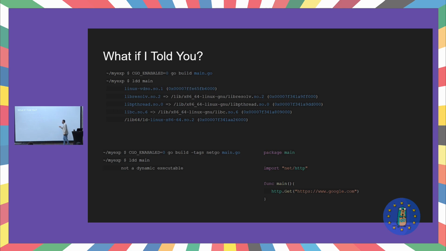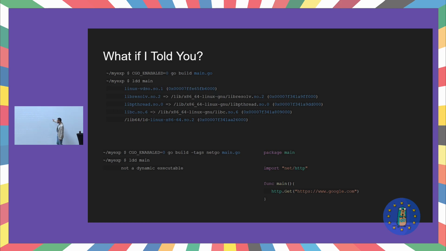What's going on there? Because I didn't specify for the Go compiler that I want the pure Go implementation of the DNS resolution of the net package, it will still have the CGO fallback calls, which means it still needs to make those calls through CGO, the libc interface, and it means even if I disable CGO, I still have the libc in my binary.